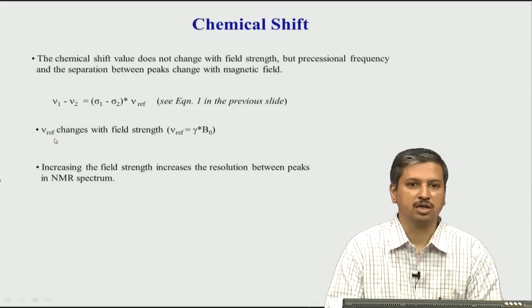The chemical shift value does not change with the field strength, but the precessional frequency difference between two peaks changes with magnetic field. This is what was shown in the last slide. The same thing is repeated here: the chemical shift value may not change in ppm, but when I multiply with the reference frequency of the spectrometer, that changes with frequency.